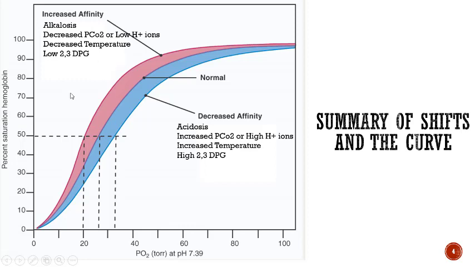Okay? The factors that we're going to look at that increase your affinity for oxygen are an alkalosis, which we'll talk about more what that means, decreased pressure of CO2 or low H plus ions, a decreased temperature, and a low 2,3-DPG. The 2,3-DPG is this diphosphoglycerate.